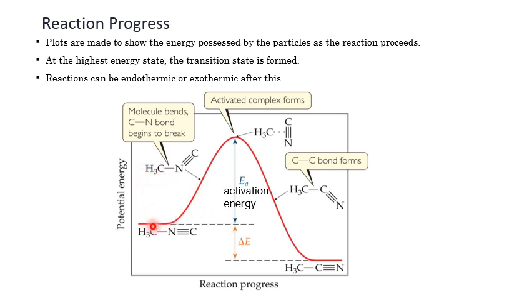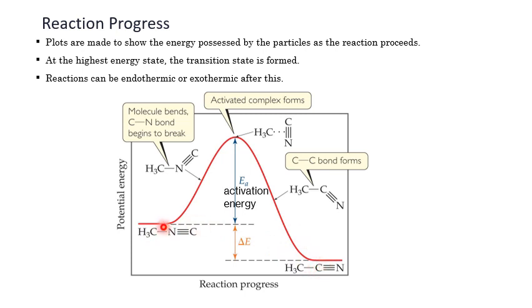Molecules with enough energy will reach the highest energy level here. Notice that in the example reactant, the carbon to nitrogen bond, the old bond in the reactant, breaks, and the new bond, the carbon to carbon bond, is formed. So old bonds are breaking and new bonds are forming.